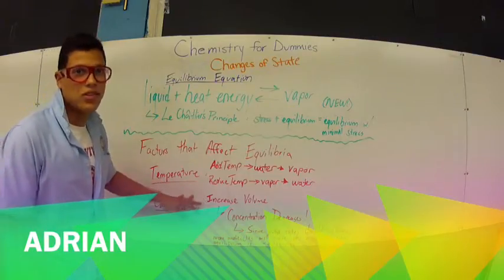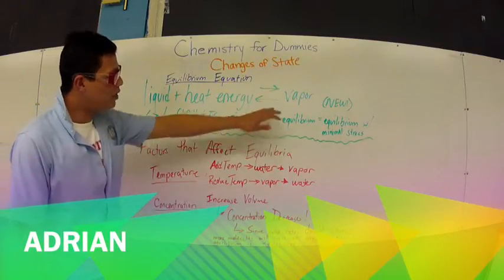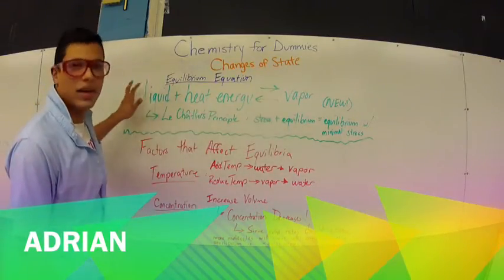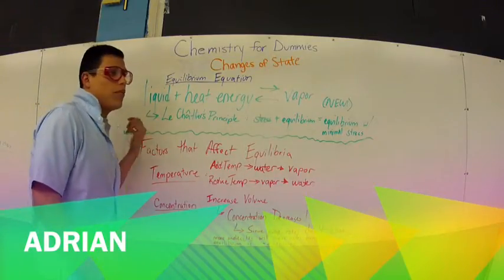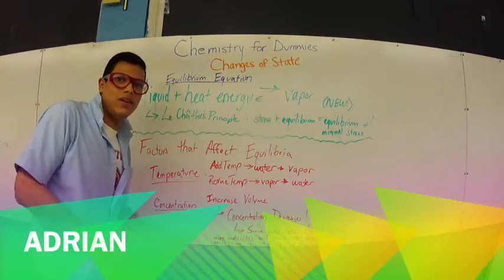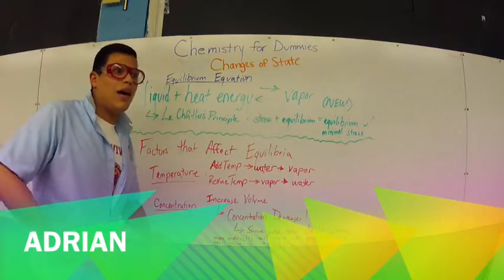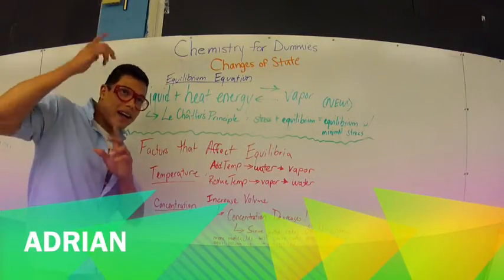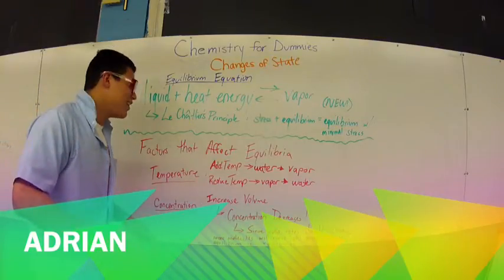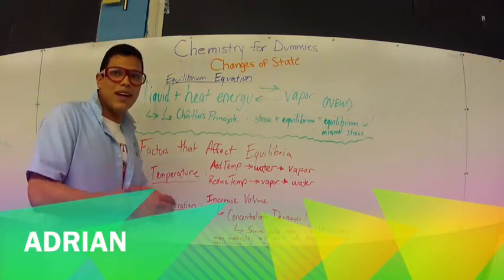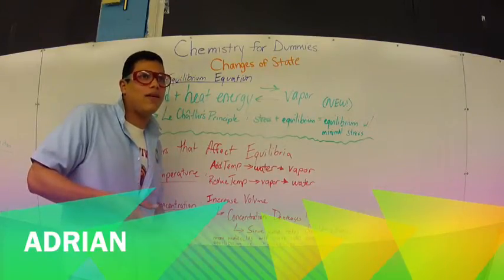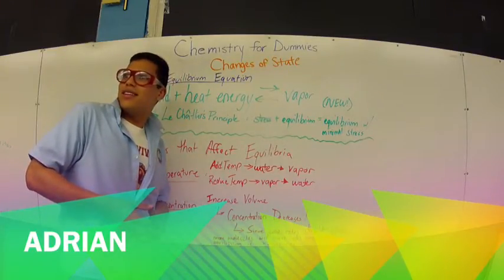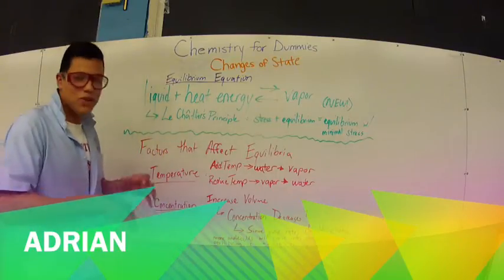When you reduce the temperature and it gets cold, for example here in the vapor, it'll revert back to its prior state, to the liquid. So it loses energy and goes back to water. Think about the rain: it evaporates, goes up, and when it gets cold up in the sky, it comes back down as water. And that keeps going in a little cycle, like the seasons of the year. It keeps going.